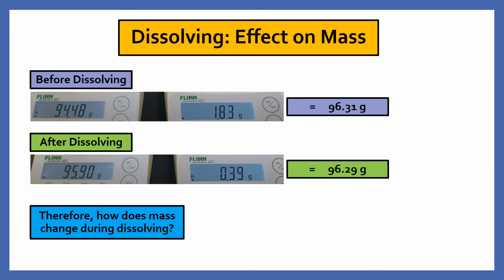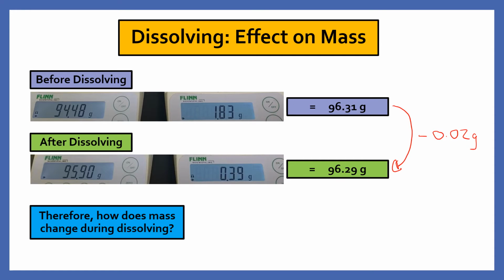Now the third question says, therefore, how does mass change during dissolving? Essentially what that's saying is what has changed between this value and this value. I see that some of you might be tempted to say that we have lost 0.02 grams, and that is actually true. However, 0.02 grams is a very, very small amount.